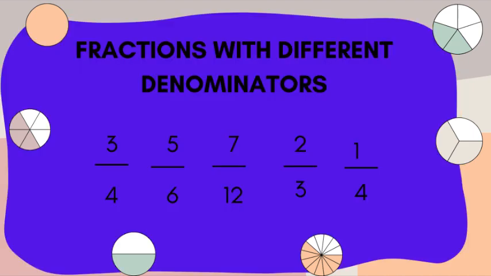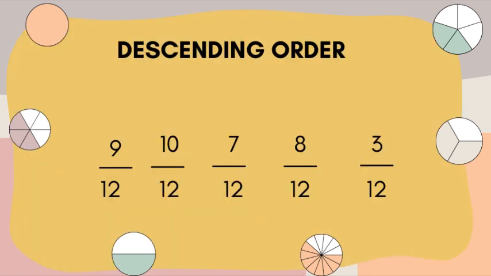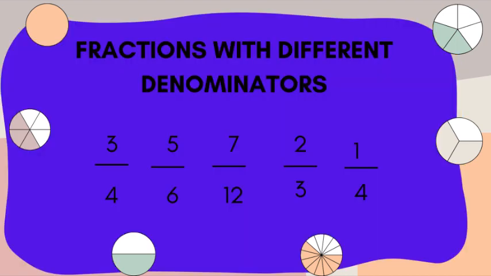The second example, we have 5 over 6. 6 into 12 goes 2 times. 2 multiplied by 5, the numerator, gives us 10. So the new fraction will be 10 over 12. The third example is 7 over 12. 12 into itself goes 1 time. 1 multiplied by 7 equals 7.